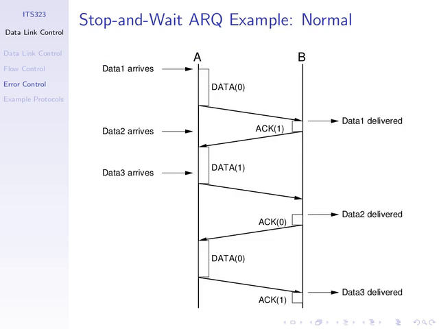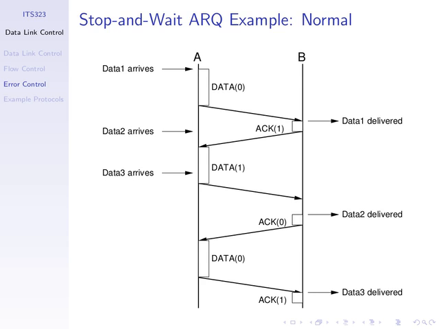Just an example here where A has some data to send to B. It's using stop and wait flow control. The first data frame, we're giving a sequence number 0. We transmit that data. B receives it. B delivers the data to the destination, that is the application or the next higher layer at B, and responds with an acknowledgement.